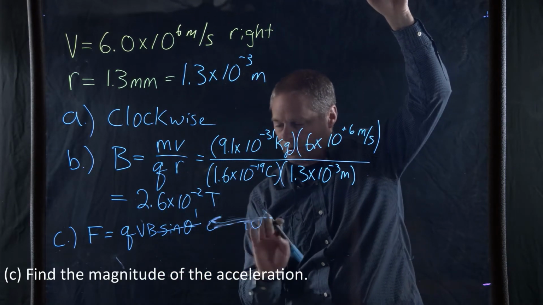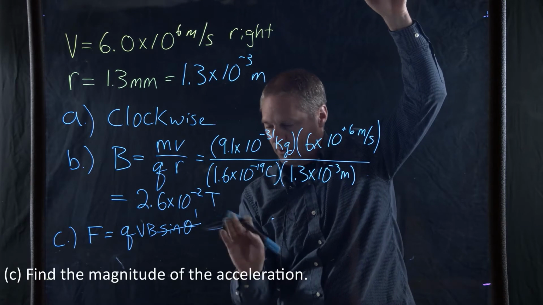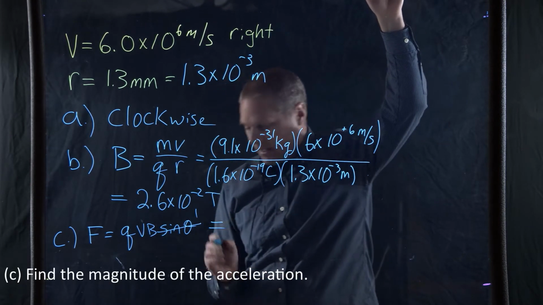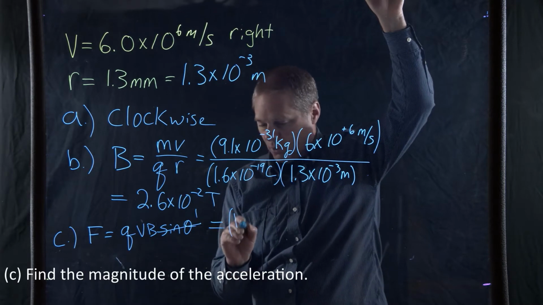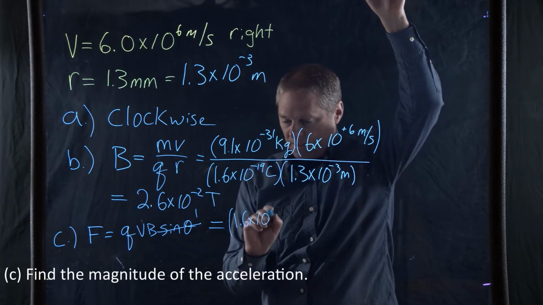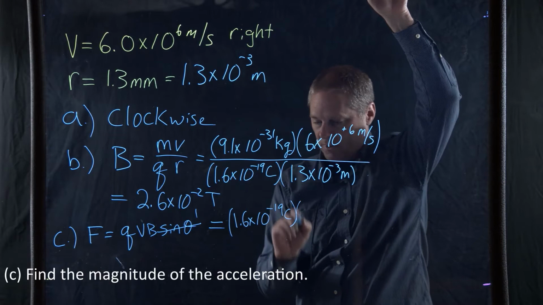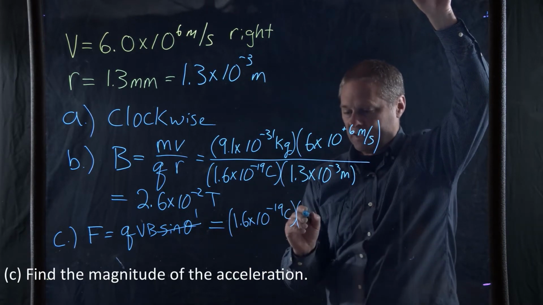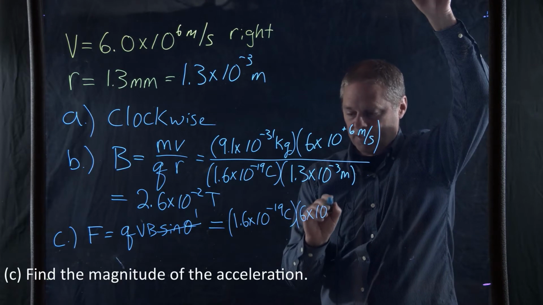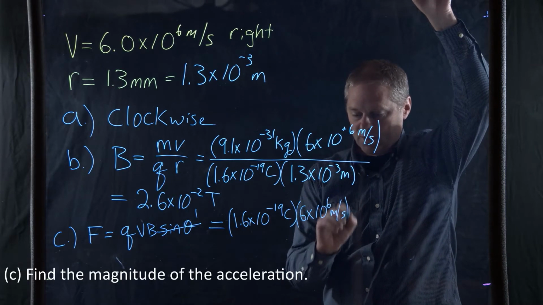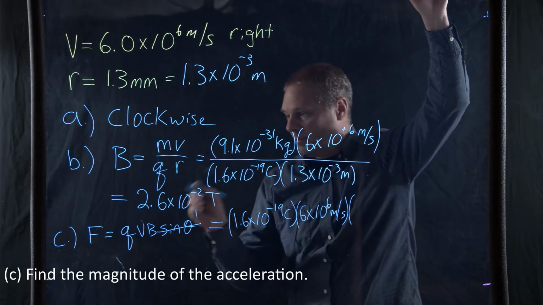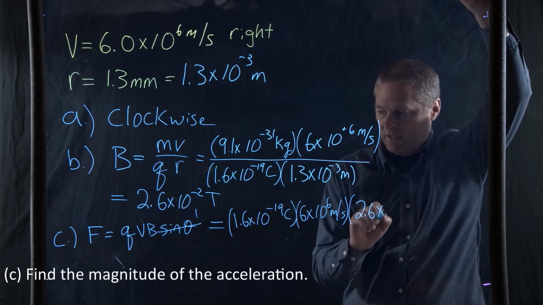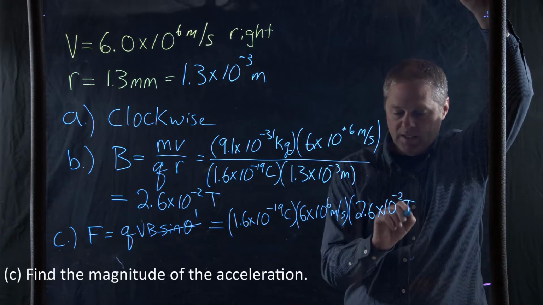What our force becomes equal to is our charge, 1.6 times 10 to the negative 19th coulombs, times our velocity, 6 times 10 to the 6 meters per second, times the B field we just found, which is 2.6 times 10 to the negative 2nd Tesla.